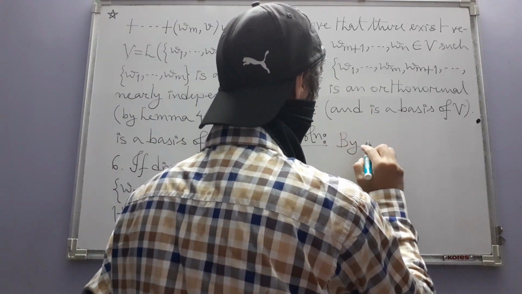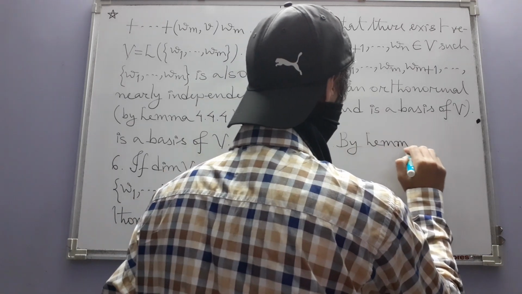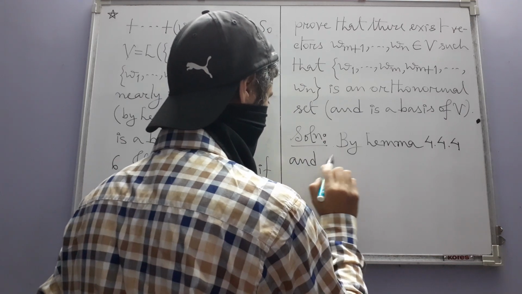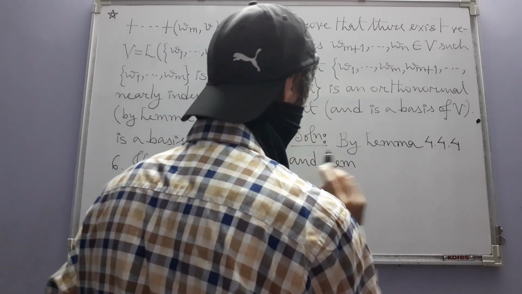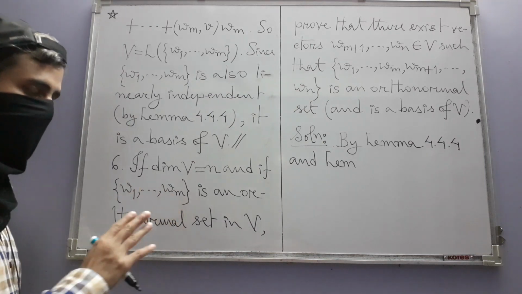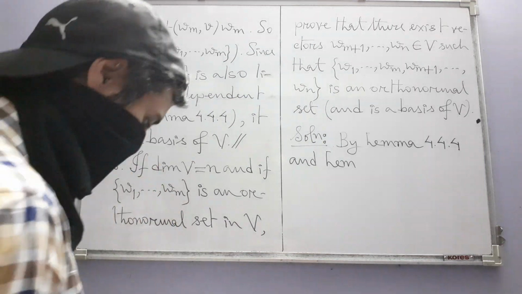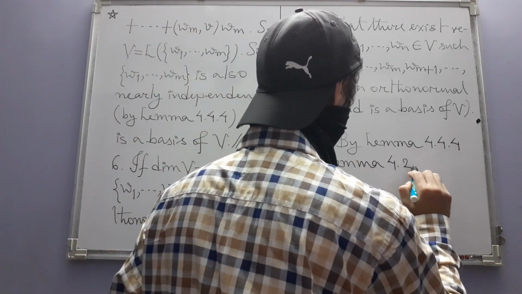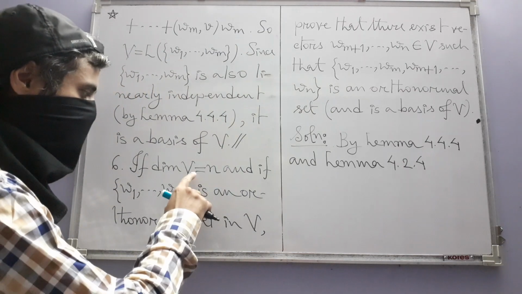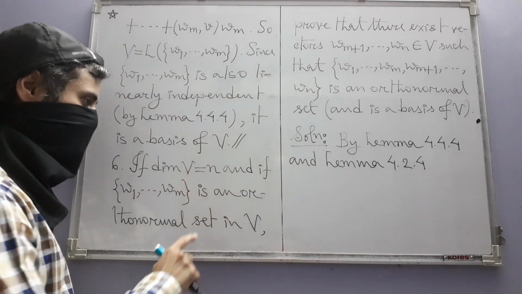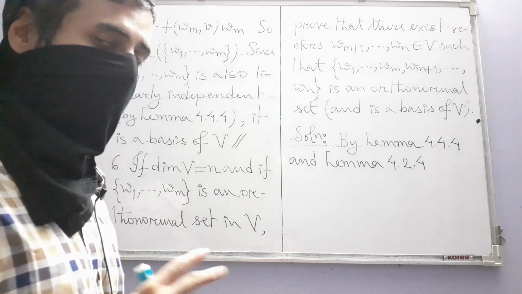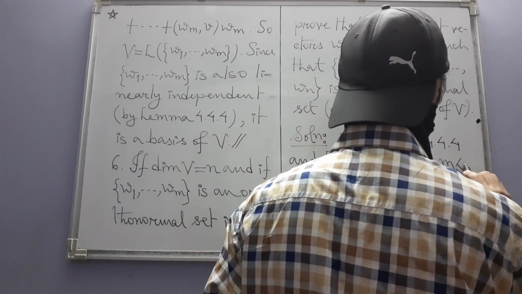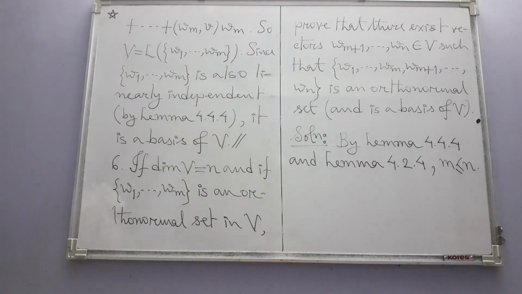So by lemma 444, which says that this is a linearly independent set, and that other result, lemma 424, which says that in an n-dimensional vector space, any linearly independent set can have at most n elements, by these two results, m has to be less than or equal to n.